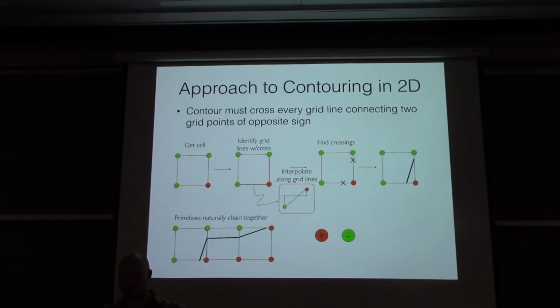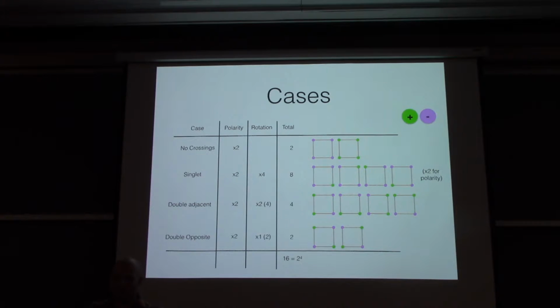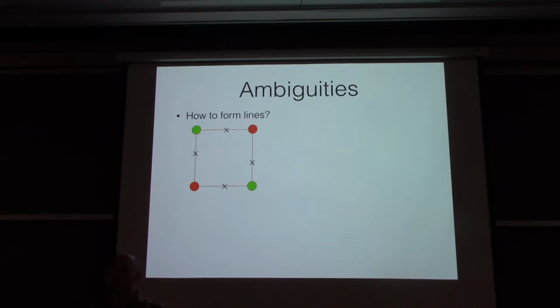So it's incredibly easy. And there's a nice little case table you can construct where you have no crossings, a singlet, double adjacent, and double opposite. But this is, again, extremely easy code to write. The only problem this really creates is this question of ambiguity.